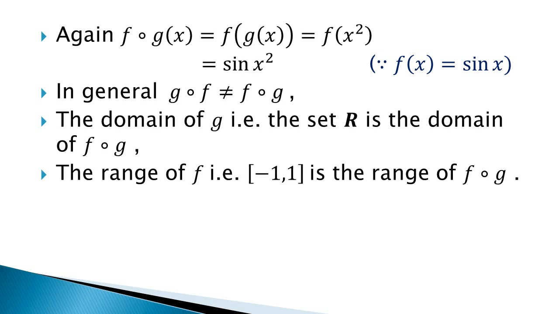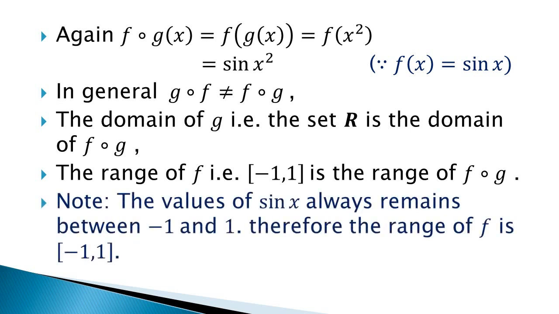So the range of sin x is the closed interval [-1, 1], which will be the range of this composite function f of g. These are the differences of g of f and f of g. Whatever we have said is written there.